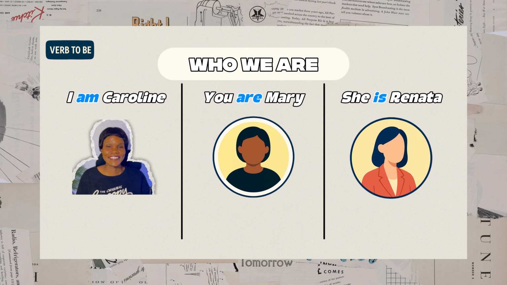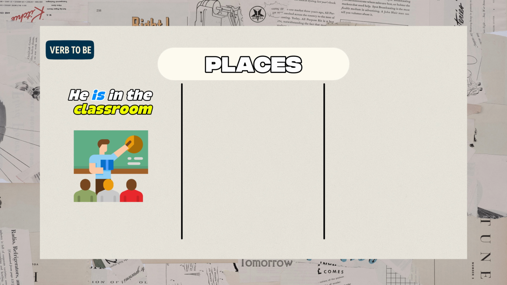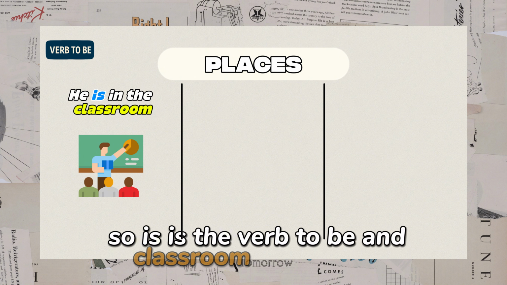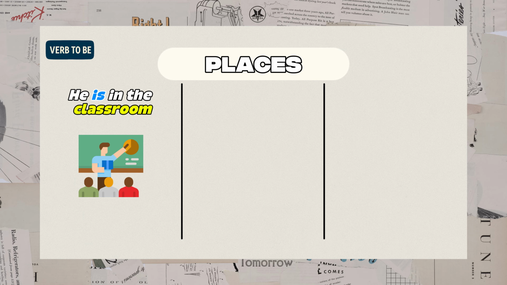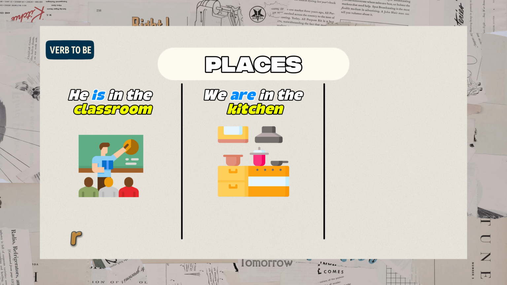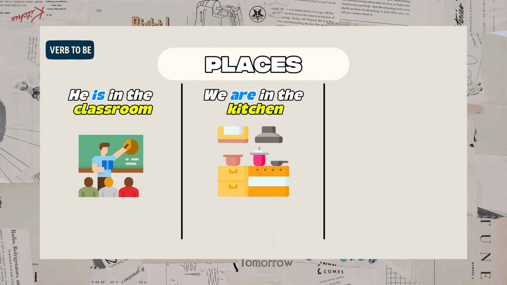Another way we use the verb to be is to talk about places. For example, he is in the classroom. So is the verb to be and classroom is the place. We are in the kitchen. Are is our verb to be and kitchen is the place.